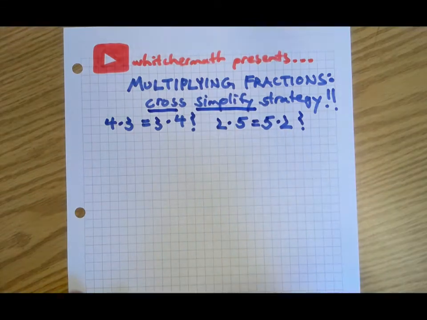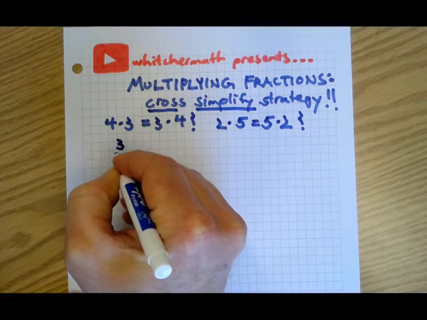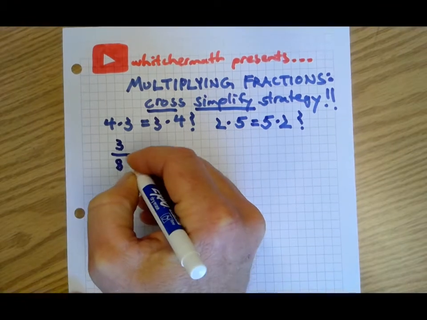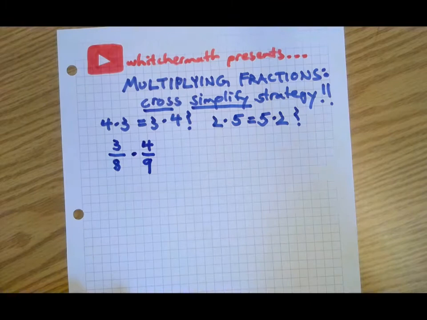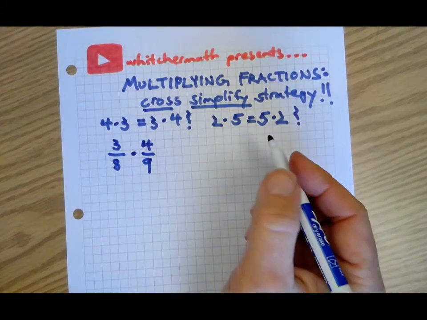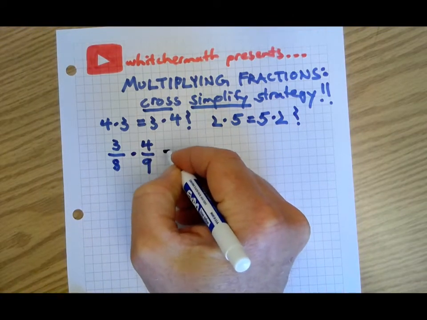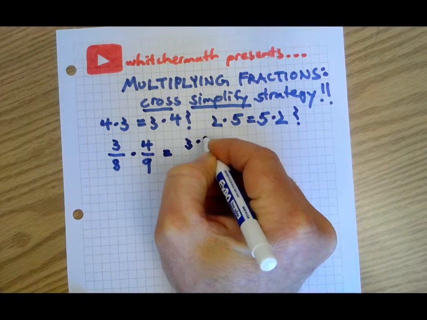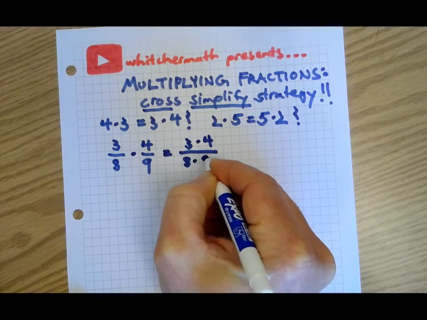Here's how it goes. Let's say we have a simple little multiplication problem like this with fractions. 3/8 times 4/9. Since really what happens here is 3 times 4 on top of 8 times 9, right?